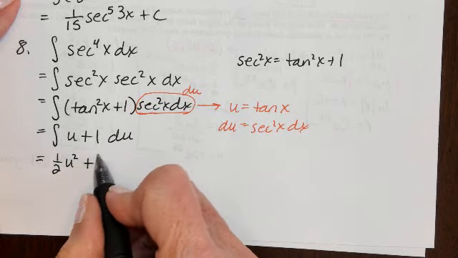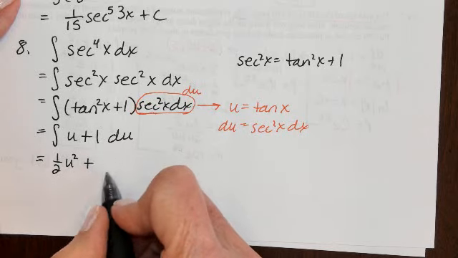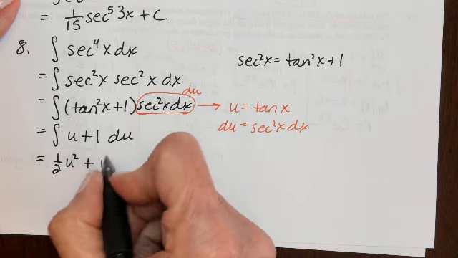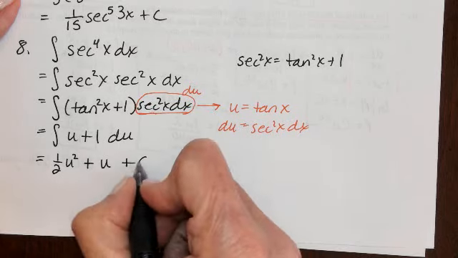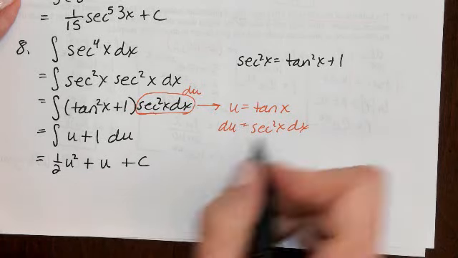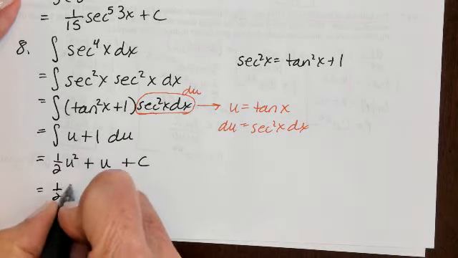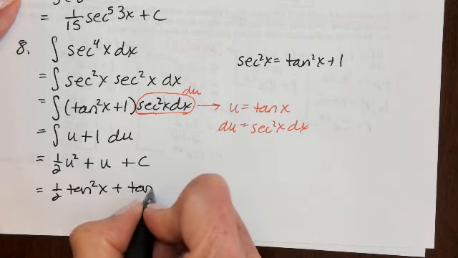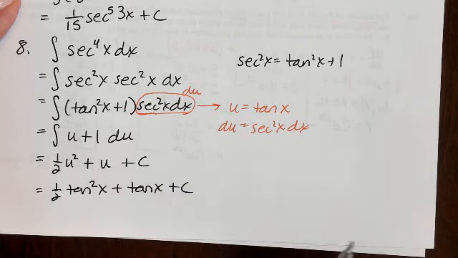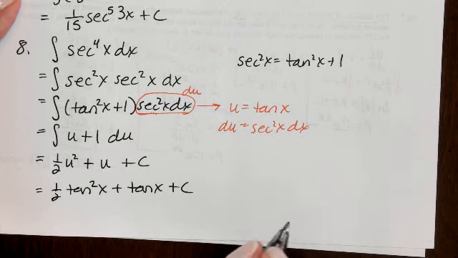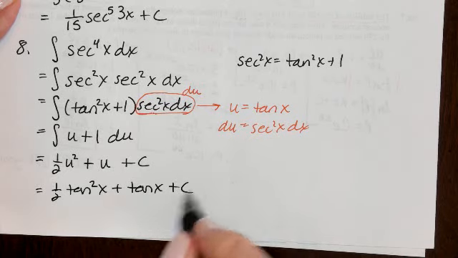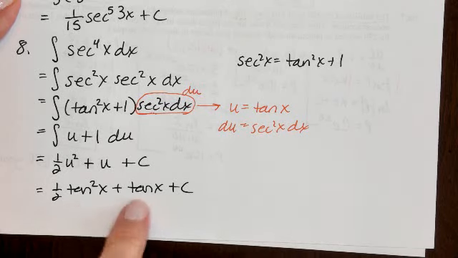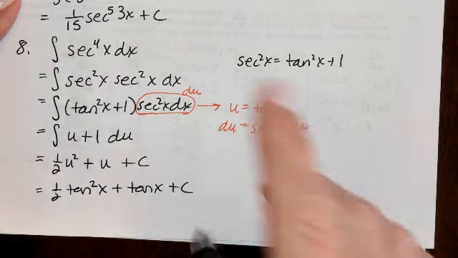Kids tend to put an x right here, and it's not an x, it's a u. All right, so be careful with that. So we get 1/2 tangent squared x plus tangent x plus c. Remember that you can always check your answer by taking the derivative of this and getting back that.